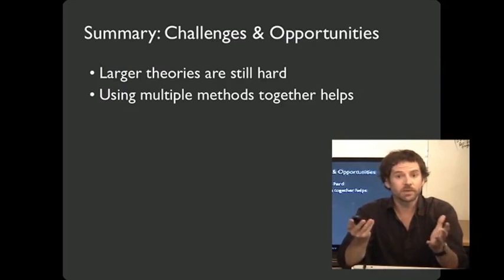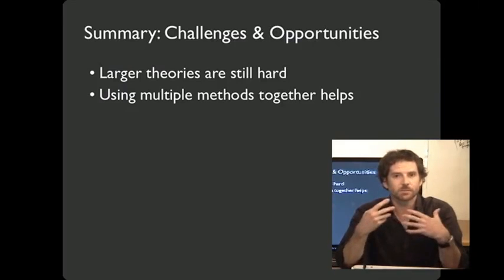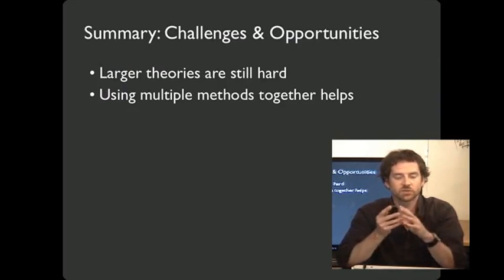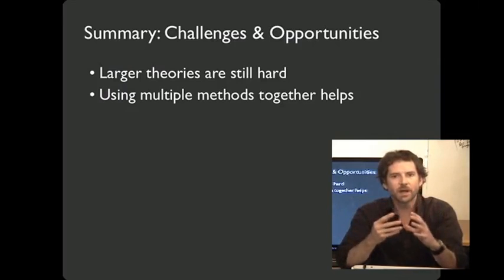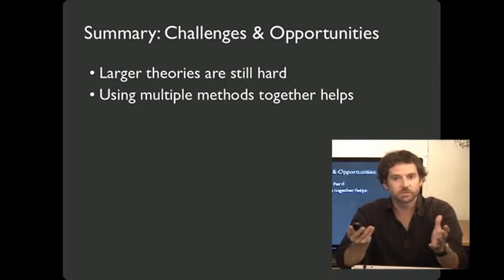One thing that can help is to use multiple methods together. And one reason that we teach a broad variety of user-centered design techniques in this class is I often think that by combining them, the whole can be greater than the sum of the parts. So you can run online tests to get statistical significance and sample a broad population, and combine those with in-person studies where you can see what people are actually doing and ask them when you see changes in behavior.